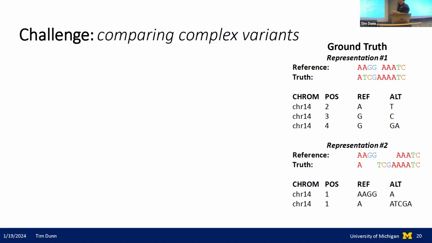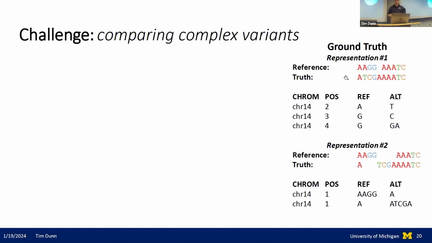So an example, instead of at a high level, more at a concrete level, is if you had a ground truth that used one representation for a complex variant that uses substitutions versus a representation that prefers insertions and deletions.